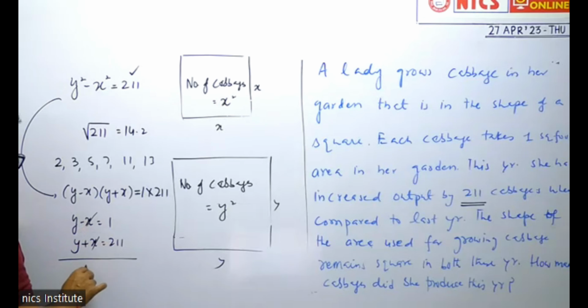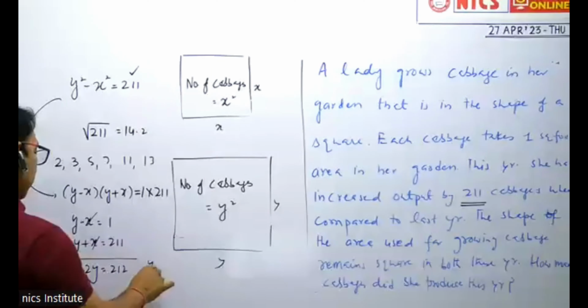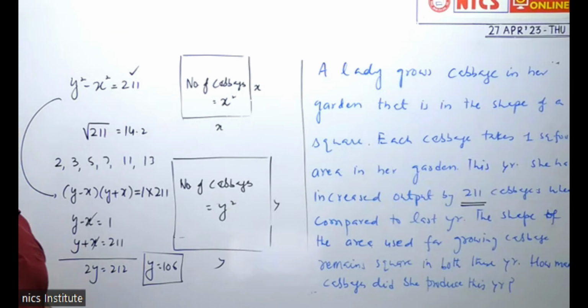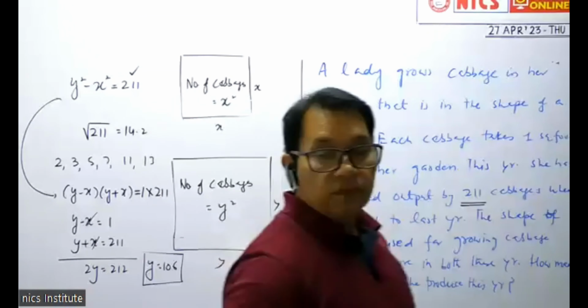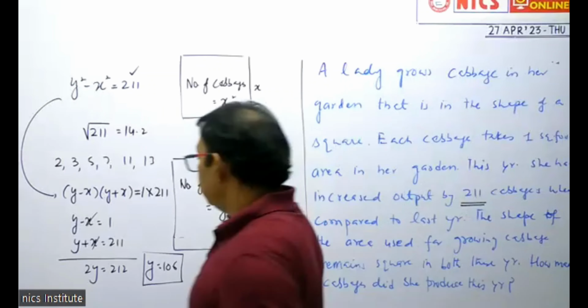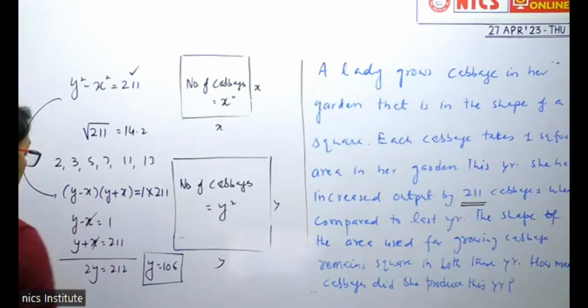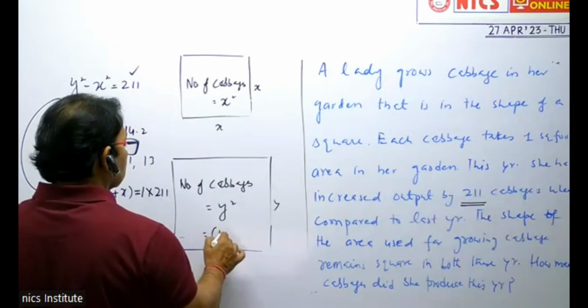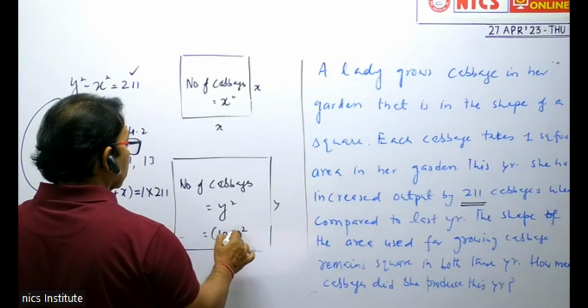Simply add these two, you get 2y is equal to 212. So what is the value of y? 106. Y is 106. That means the number of cabbages this year would be 106 whole square.